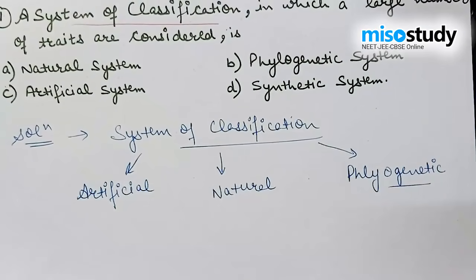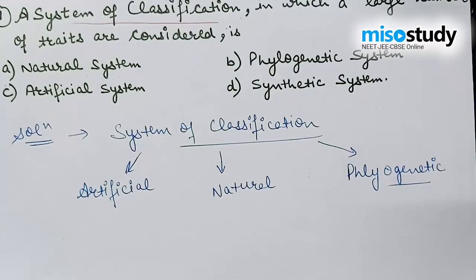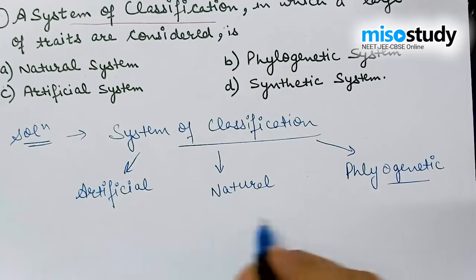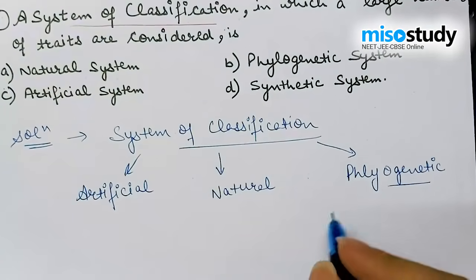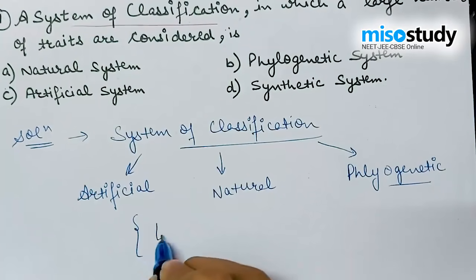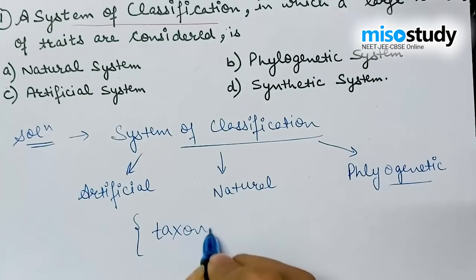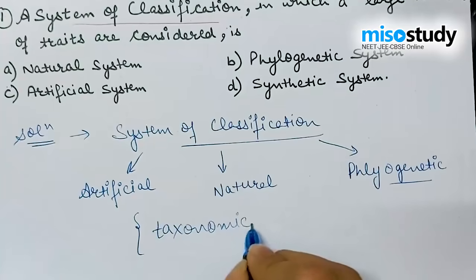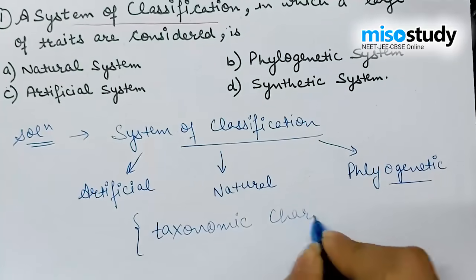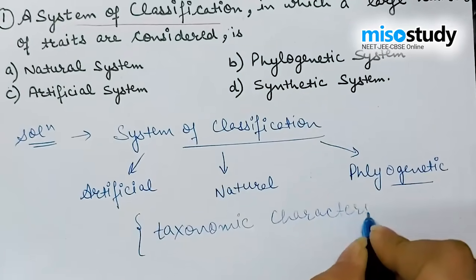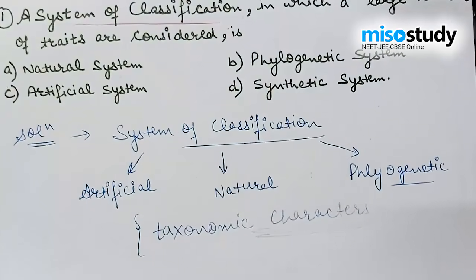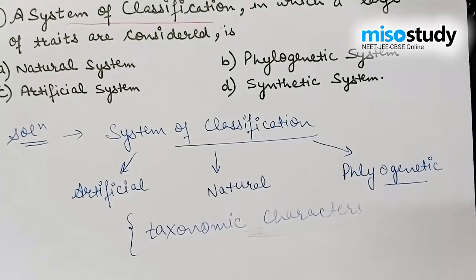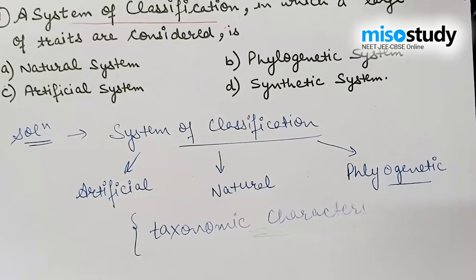In all three, the organisms are arranged on the basis of taxonomic characters.